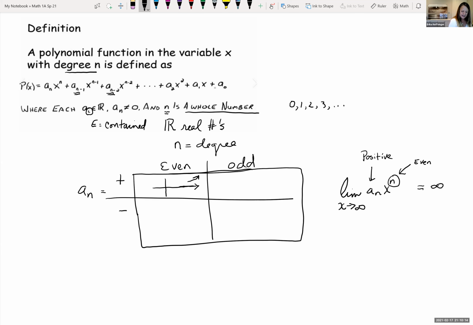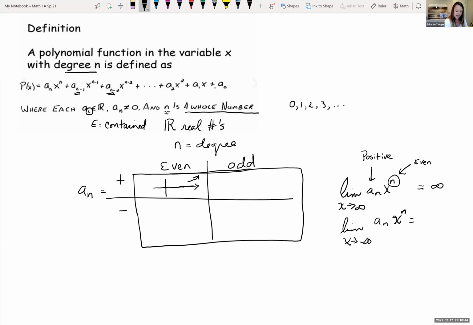So let's look at this now, same scenario, but this time the limit is x approaching negative infinity of a sub n x raised to the nth power. So now I think, okay, now I'm plugging in negative numbers. I'm raising it to an even power. Well, if you multiply a negative number an even number of times, that's positive.